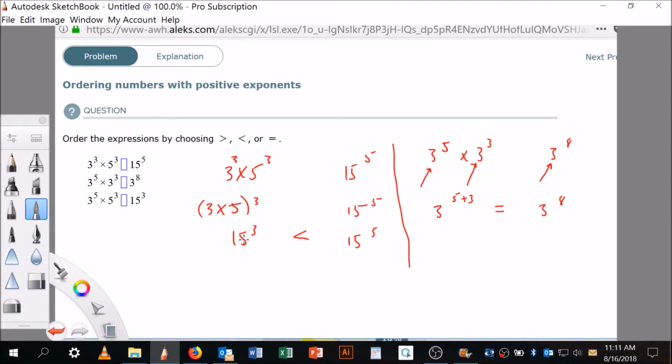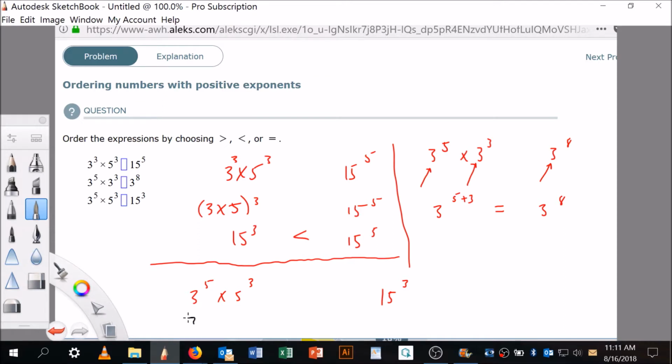And finally, hopefully this last one's easy: 3 to the 5 times 5 to the 3, and this is 15 to the 3. I'm going to change the order of this, with a different color because it's getting a little busy.